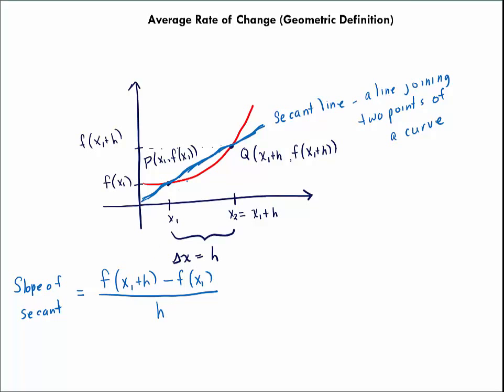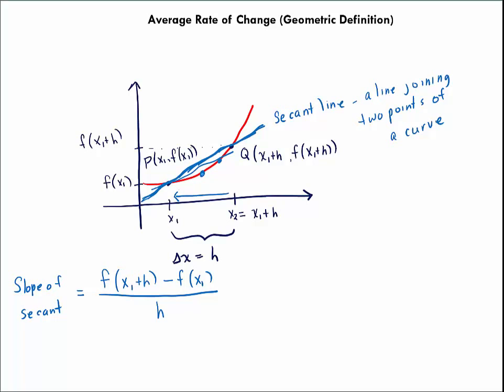So this gives me, geometrically, it makes sense that if I have this secant line, this gives me the average rate of change from x1 to x1 plus h. But what we want to ultimately do is to see what happens when we start making this distance, our h, smaller and smaller and smaller. Meaning, if I move the point Q a little closer, now my line becomes that.